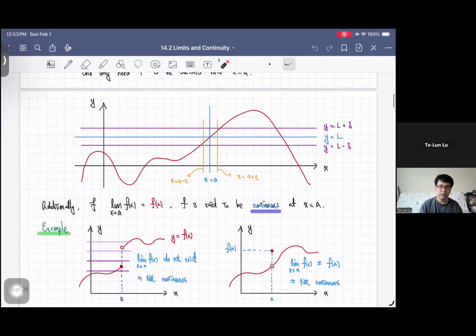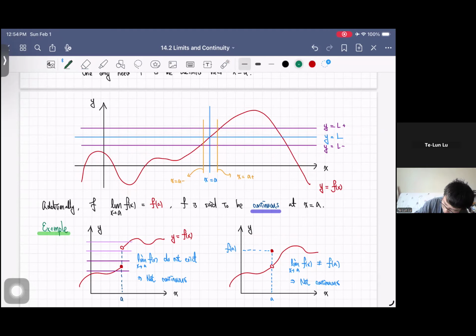So let me put it in a graph. So you see that this red curve, I didn't mention here, it should be y equals f of x. So this is the graph of this one-dimensional function. And this is the axis for a, and that is y equals L. So, according to my definition, I'm saying that whenever threshold, which is a small interval, oh, actually, sorry, I didn't read this correctly.